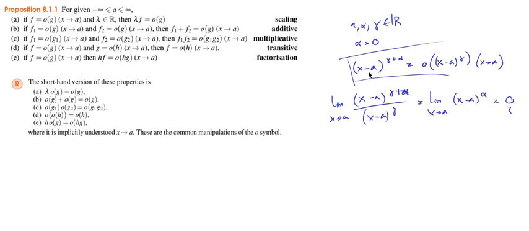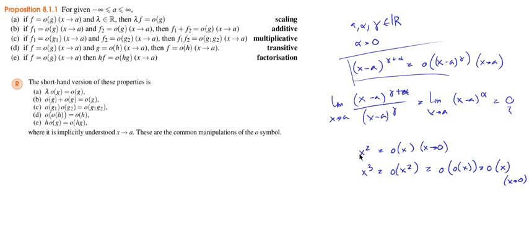So in practical applications, this means that, for instance, x squared is small o of x, or x cubed is small o of x squared, right? And also here you see small o of x squared, this is small o of x, so that means that x cubed is also small o of x. Sorry, this is when x goes to 0, right?